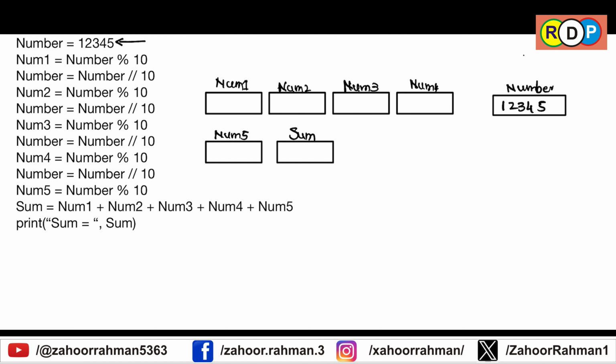The first statement is where we are defining a variable with the name number, which is this one, and this box is a location where we are storing the value 12345. I told you in the lecture that equal is used to assign the value on the right side of this symbol to the variable on the left side.